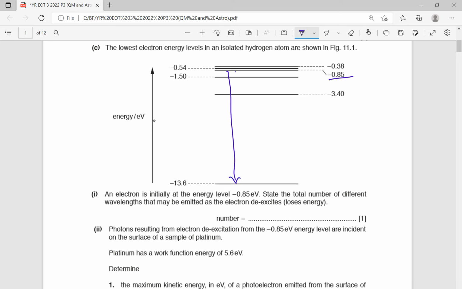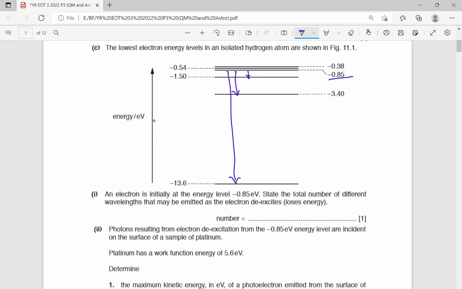It may also de-excite from -0.85 to the first excited state, or from -0.85 to the second excited state. Those are 3. But the electron in the second excited state or the first excited state is not actually stable.